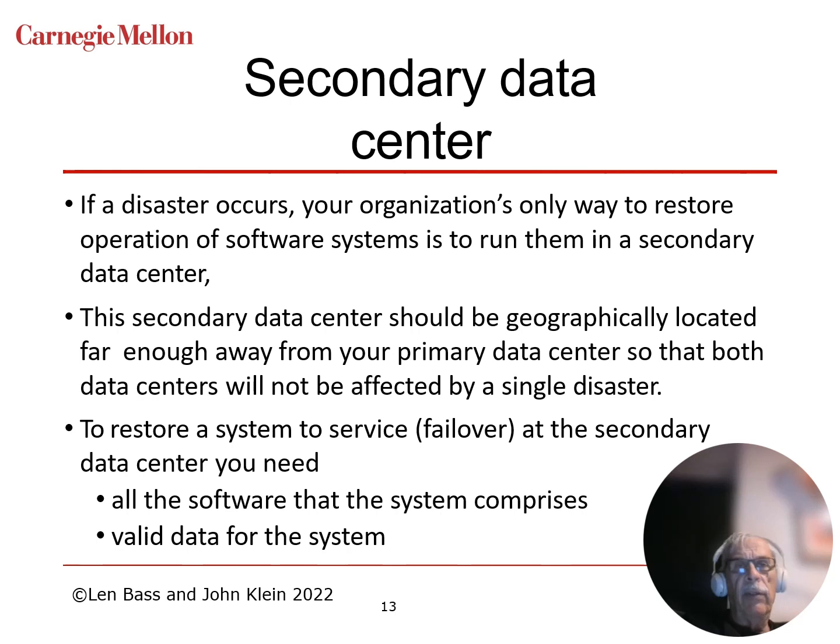So if you expect the disasters in your geographic location to tend to be floods, then you might want to make sure that one of the data centers is off a floodplain. If it happens to be hurricanes, then the same kind of considerations.